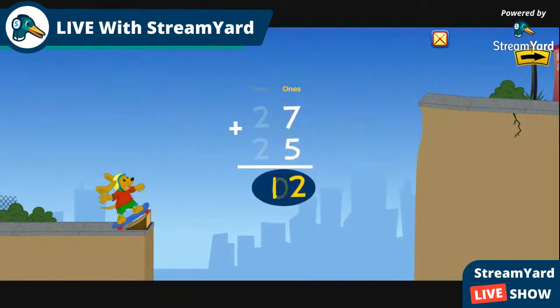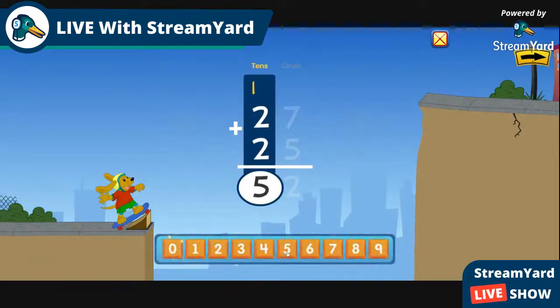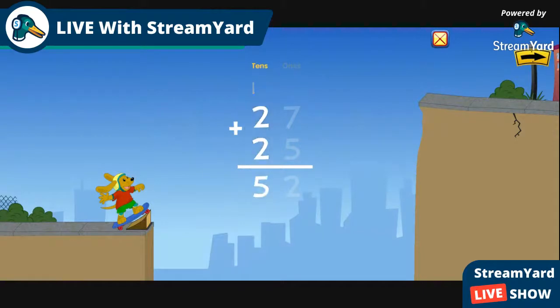Regroup. 5. Excellent. 27 plus 25 equals 52.